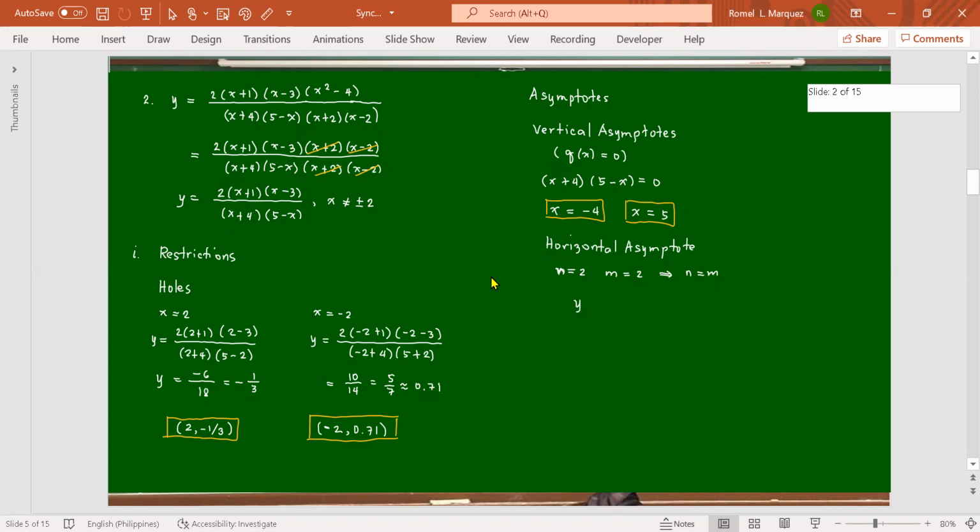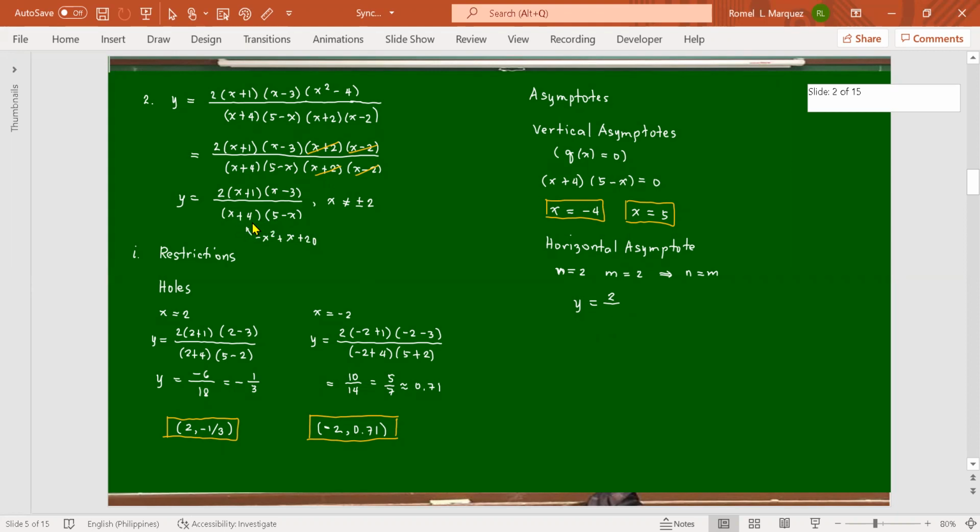What is that? 2 in the numerator, the coefficient of the highest power. Am I correct, guys? In the denominator, what's the coefficient of the highest power? Negative x squared plus x plus 20, no?